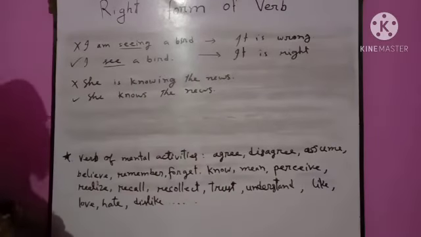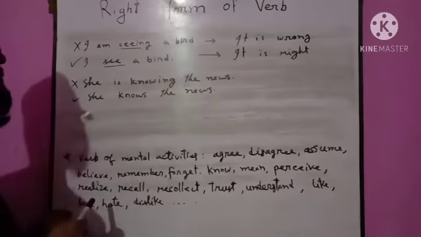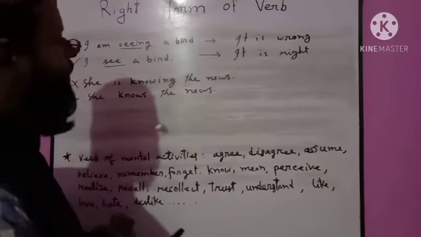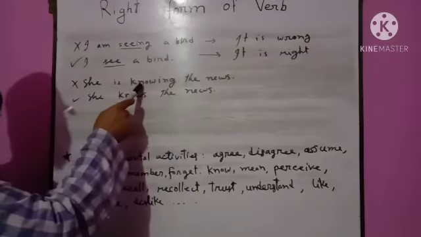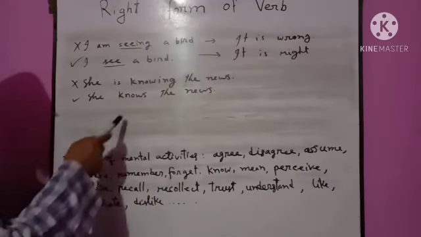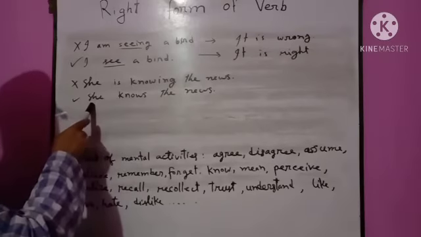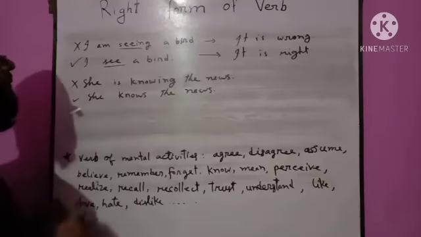Know is a verb of mental activity, a verb of knowing, and should not be used in continuous tense. We should use verbs of mental activities in simple present tense. She knows. As the subject is third person singular number, we use verb plus s, knows.